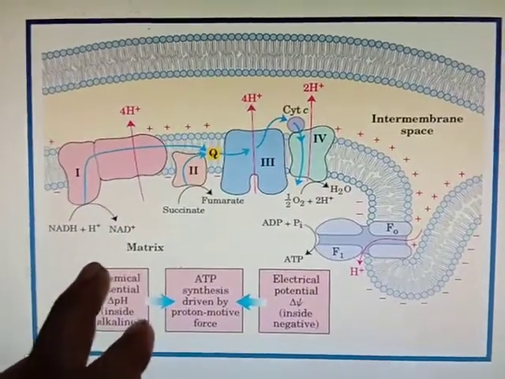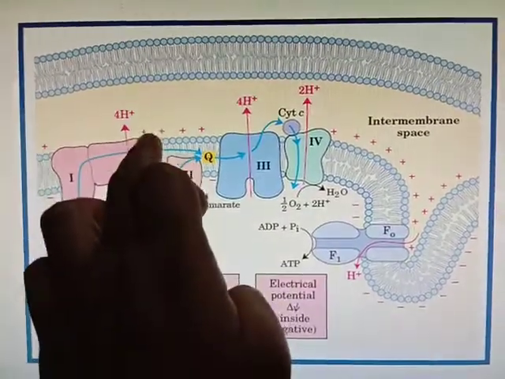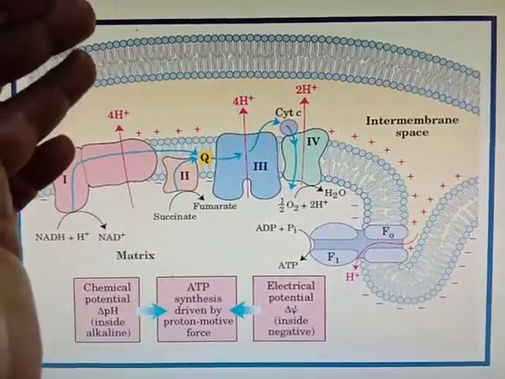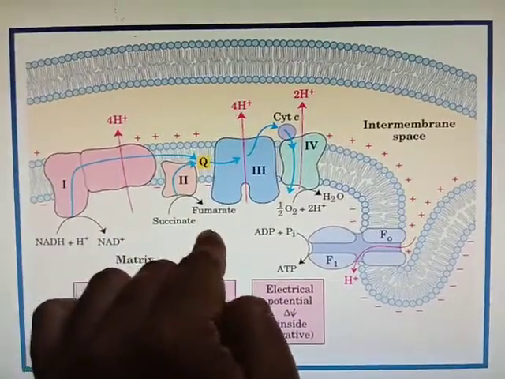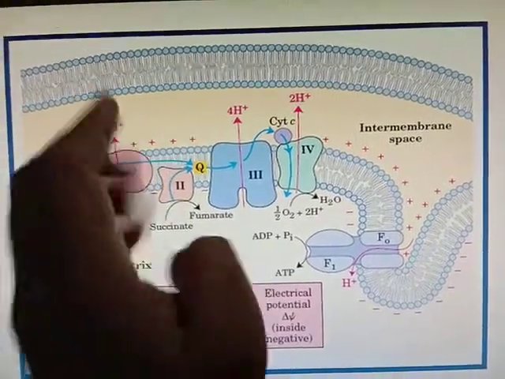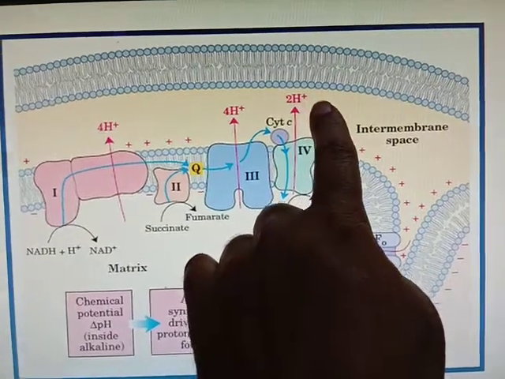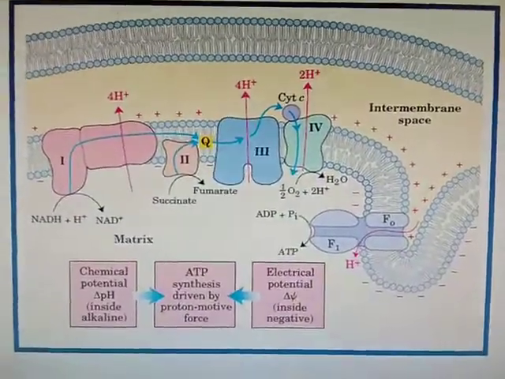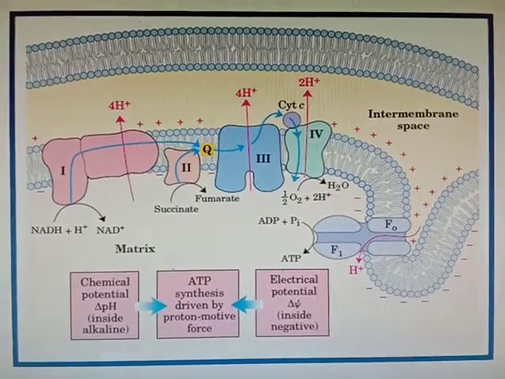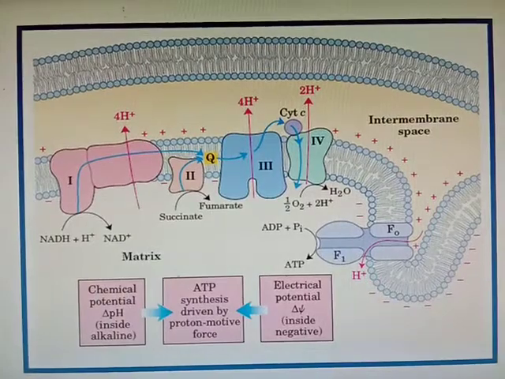So in NADH dependent dehydrogenase, 4 plus 4 plus 2, 10 protons are pumped into the intermembrane space. Whereas in FADH2 dependent dehydrogenase, the first step is skipped because it starts from here. So only 6 protons are moved into the intermembrane space. That's why from NADH we get 2.5 or 3 ATP, and from FADH2 we get only 1.5 or 2 ATP.